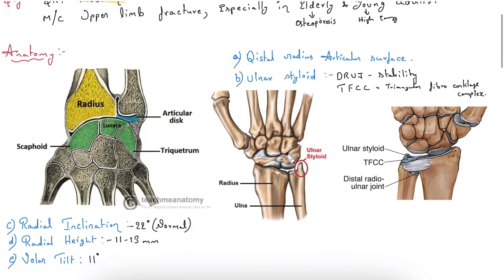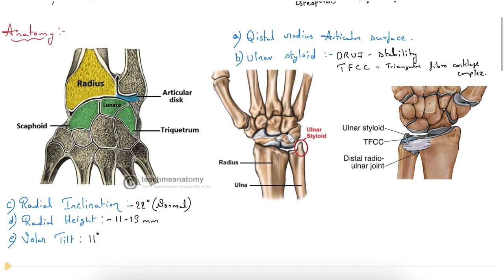Good. So now in the anatomical part, first, what are the bones included in distal radial fracture? First one is radius and ulna. Mostly we have to focus on the distal one-third of the radius.